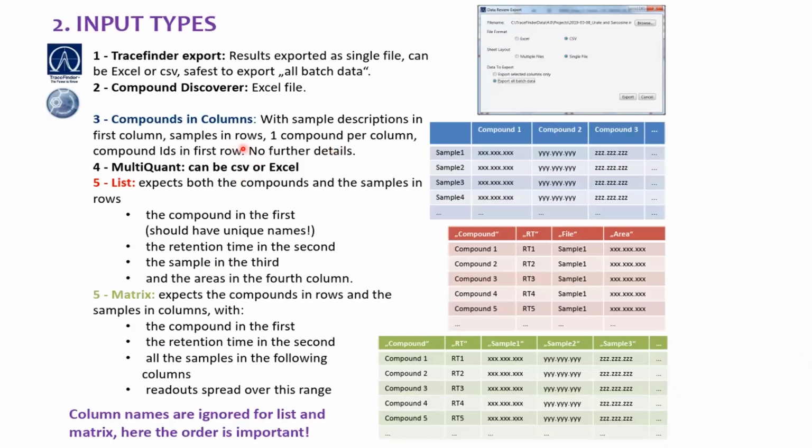For inputting your data, the format differs depending on the software with which the result is collected: TraceFinder export, Compound Discoverer, compounds in column, and MultiQuant, which can be in CSV or Excel. On my right-hand side, you can see how it should be arranged so that no error pops up once you upload your data.